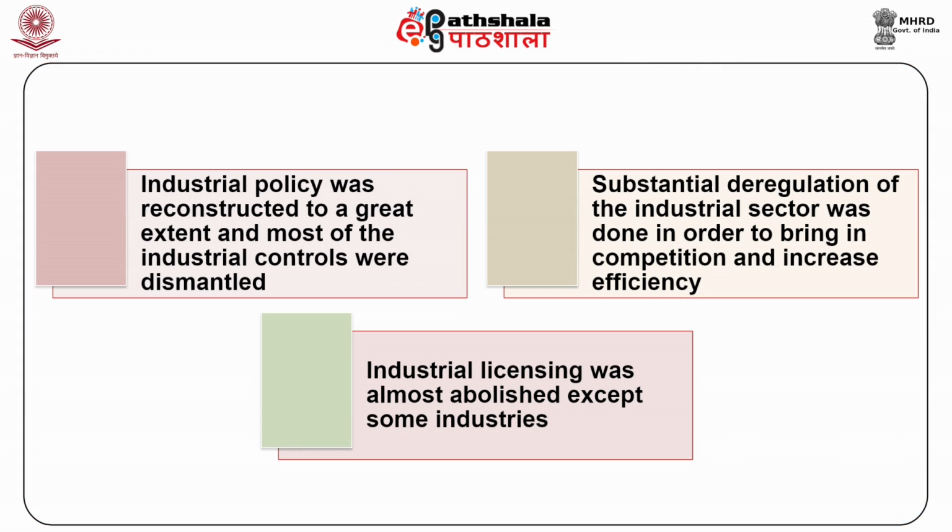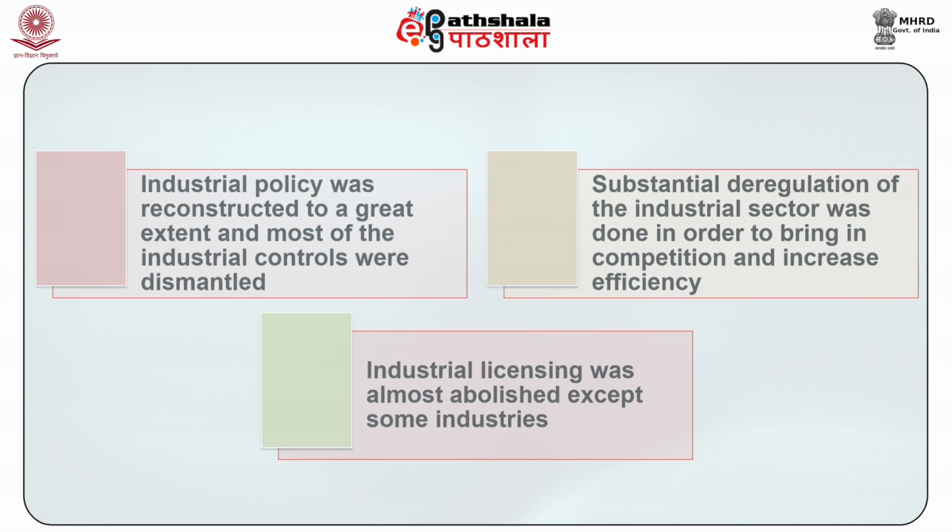Industrial policy was reconstructed to a great extent and most of the industrial controls were dismantled. Substantial deregulation of the industrial sector was done in order to bring in competition and increase efficiency. Industrial licensing was almost abolished except for some industries.